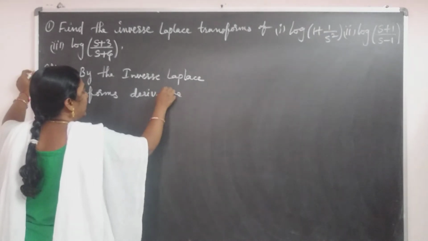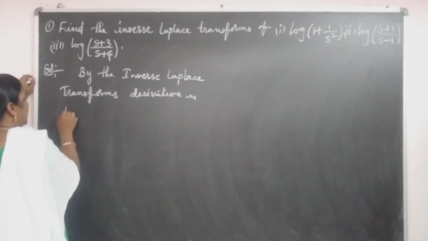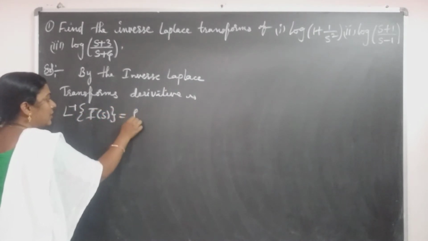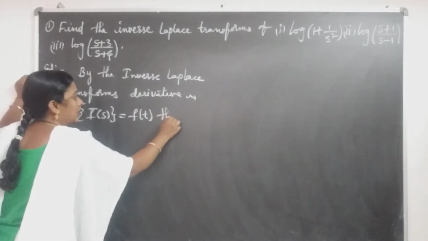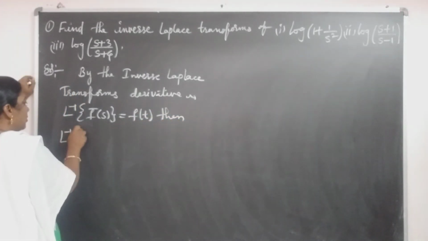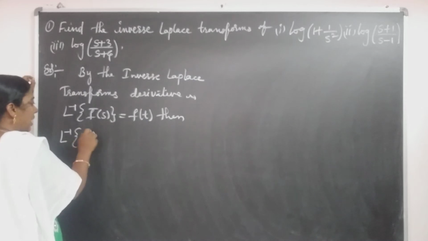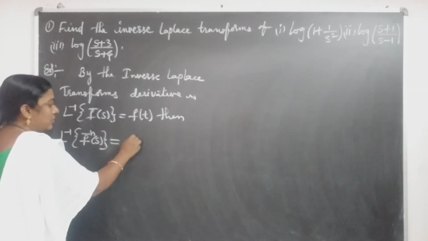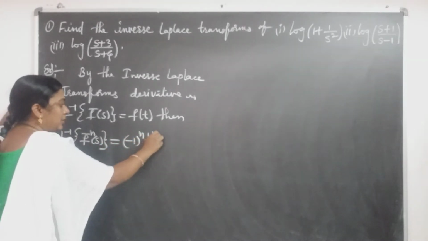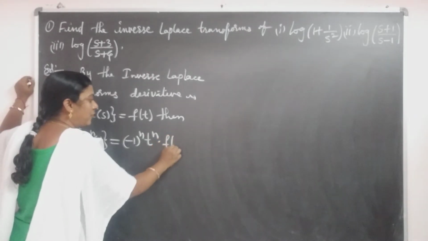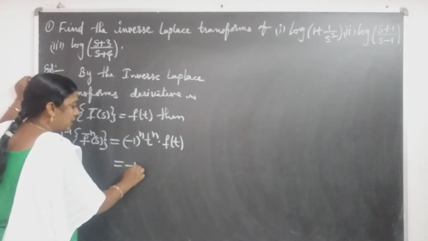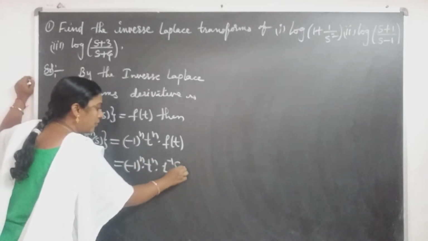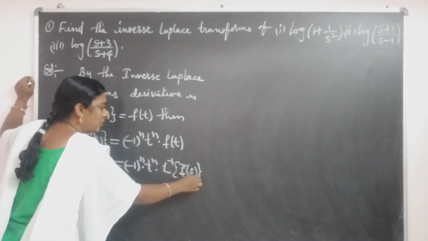that is, we know that L inverse of f bar of s is equal to small f of t, then L inverse of f power n of s, that is nth derivative of f bar of s, is equal to minus 1 whole power n into t power n into f of t, or minus 1 whole power n into t power n into L inverse of f bar of s.